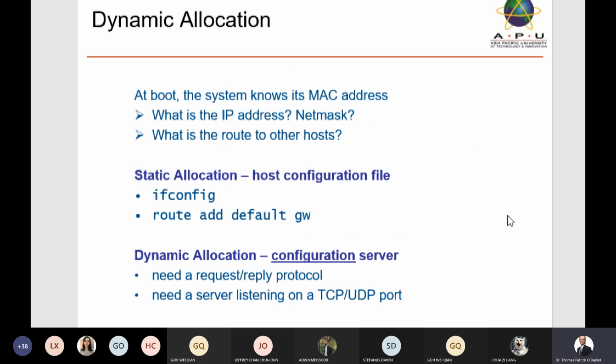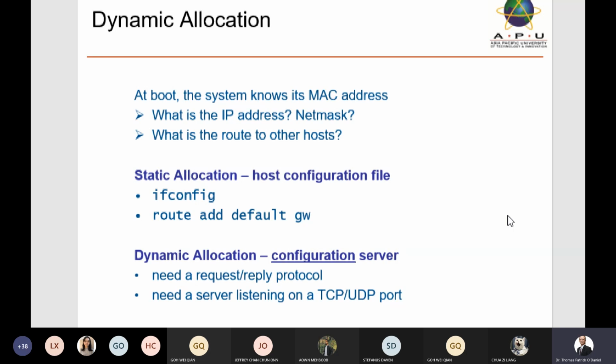So at boot time, and again, we discussed this when we talked about our review of network concepts, since it's in the network interface hardware, the system only knows its MAC address. But it doesn't know anything beyond that.